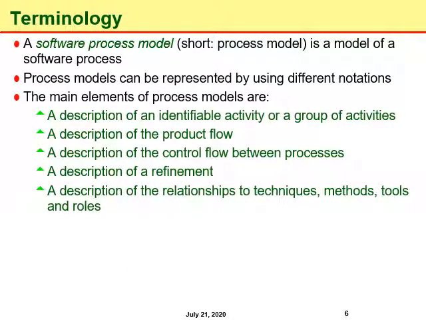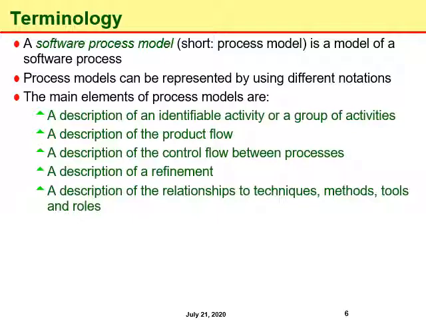Well, the next term is software process model. A software process model is, in fact, a model of a software process that can be used as a means for solving a particular problem. Process models can be represented by using different notations, for example, graphical notations, natural language, or machine readable notations.